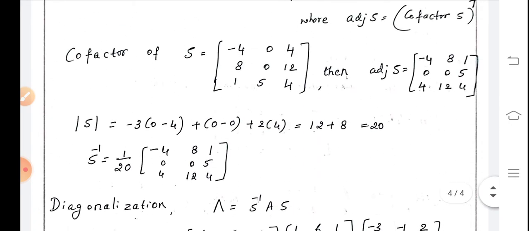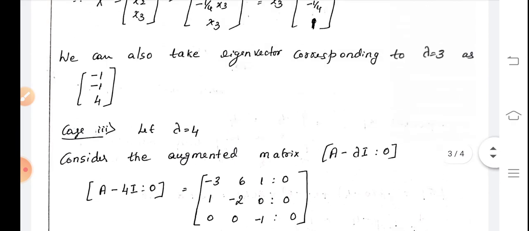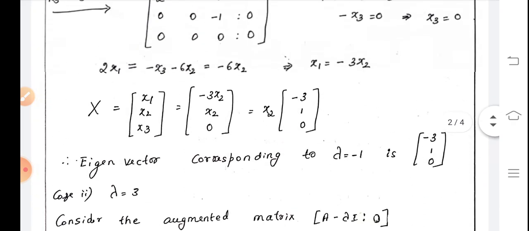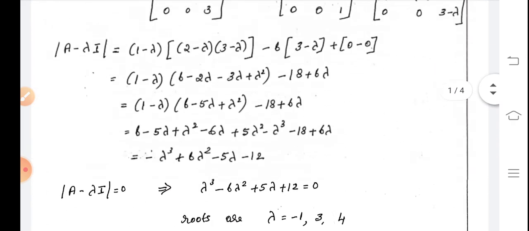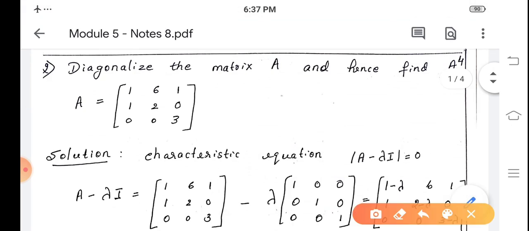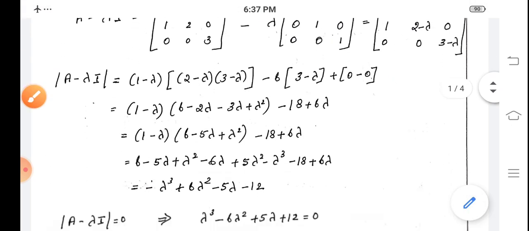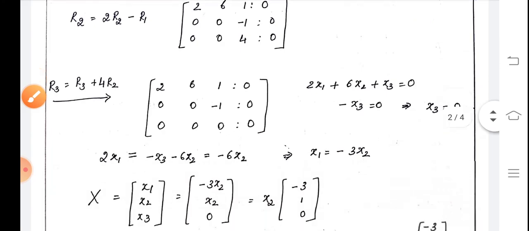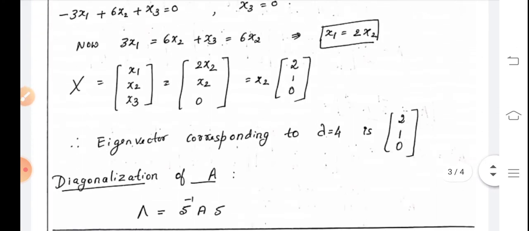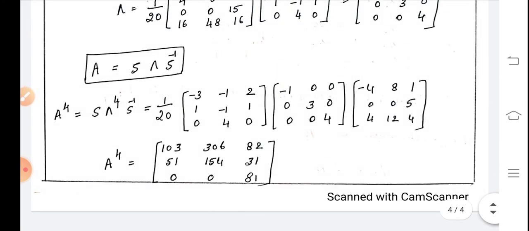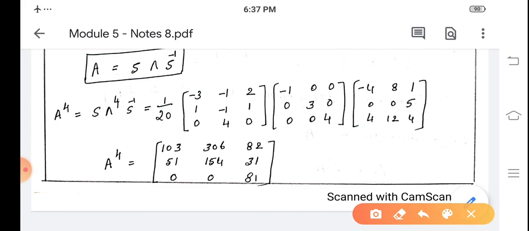And we need to find the power of the matrix. So we have to find A to the power 4. We have the formula to find the power of a square matrix, given by A^K = S Lambda^K S inverse.